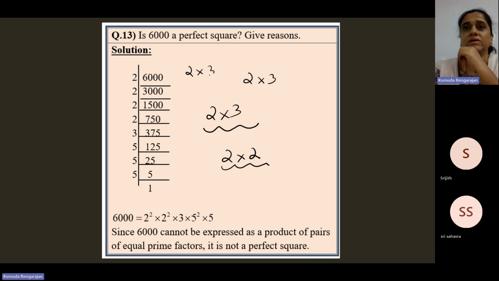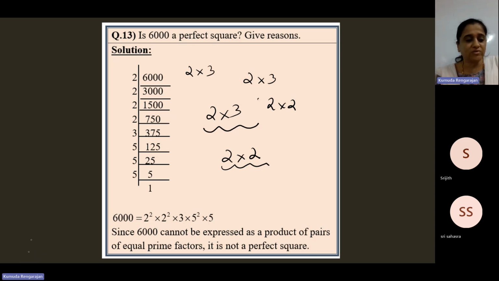What is 2 into 3? It's a pair of prime factors, but it's not a pair of equal prime factors. But what about 2 into 2? It is a pair of prime factors, and it's a pair of equal prime factors.